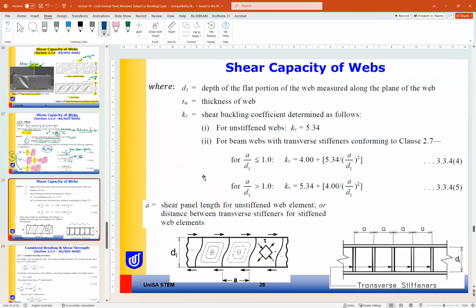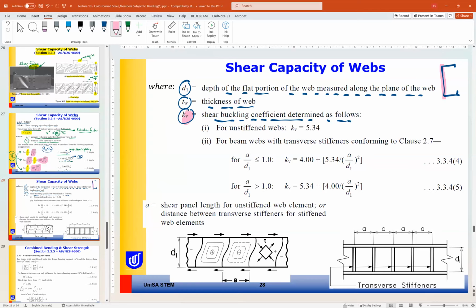D1 is the depth of the flat portion of the web measured along the plane of the web. If this is our section, the height of this part is D1. TW is the web thickness. KV is the shear buckling coefficient determined as follows.